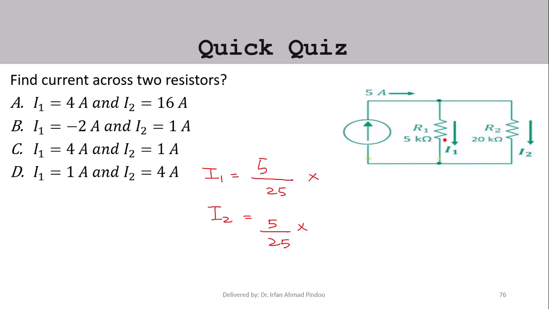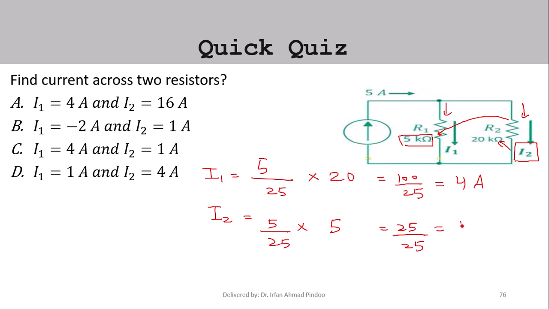For I1, the other resistance is 20 kilo ohm. And if we are finding I2, then the other value of R is 5 kilo ohm. So it is 100 upon 25, that gives you 4 ampere, and this is 25 upon 25, that is 1 ampere. So the answer is 4 ampere and 1 ampere. So option number C is correct.